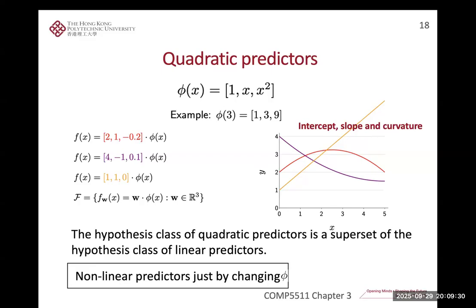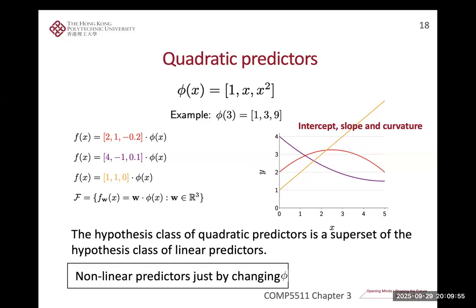Of course, we have the purple choice. Our intercept is 4 here, the slope is negative 1, and the curvature is 0.1. This is our second choice. If the last dimension of the weight is 0, then we go down to a line. The curvature is 0. This is our third choice.